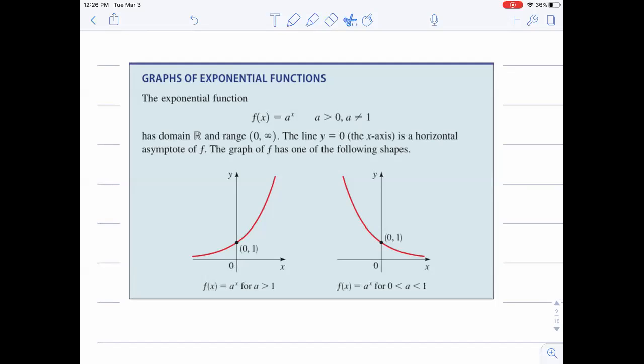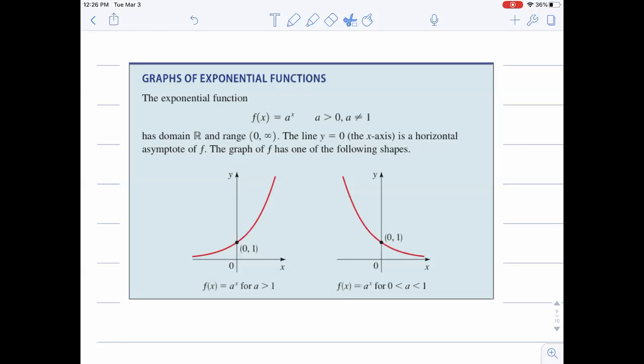Population growth, things are growing exponentially. And what that's telling us is that things are growing faster and faster and faster, right? And so here is kind of our typical exponential curve. One fact is that it's always going to pass through 0, 1. So the y-intercept is always going to be at y equals 1. So that's kind of a cool fact.